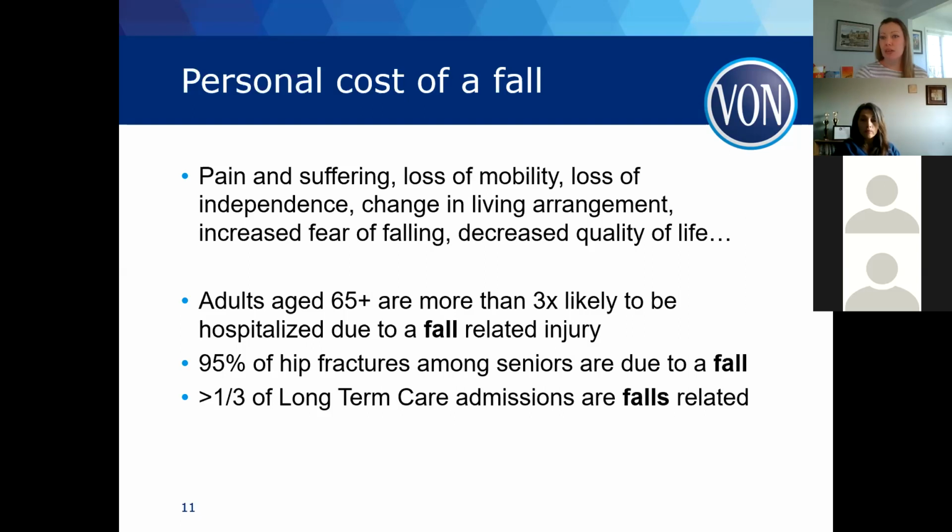So we want to make sure that people aren't experiencing this, or we're trying to manage it so that they don't have to experience all these personal costs of the fall.